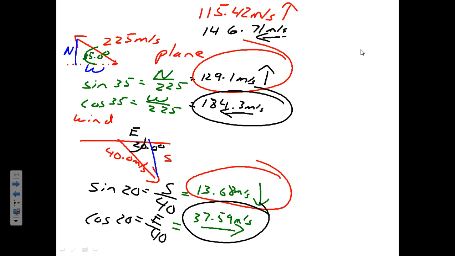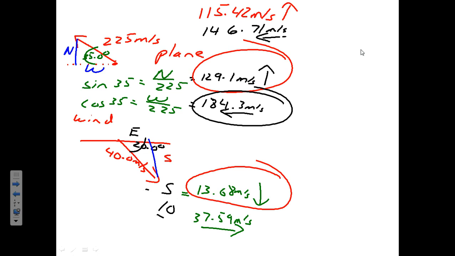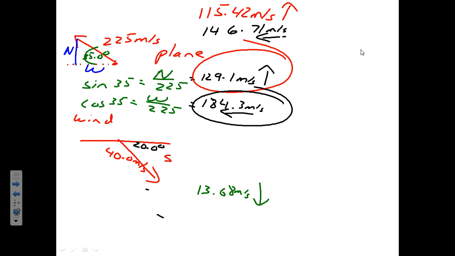Now all we have left to do is what? Tip to tail with our components. So let's make a little space down here. That doesn't want to erase. I guess we'll just leave it.